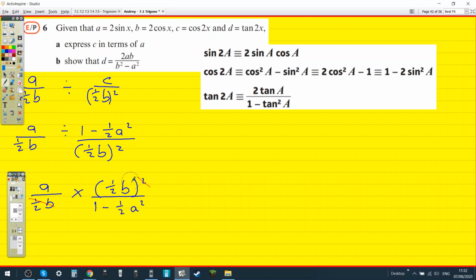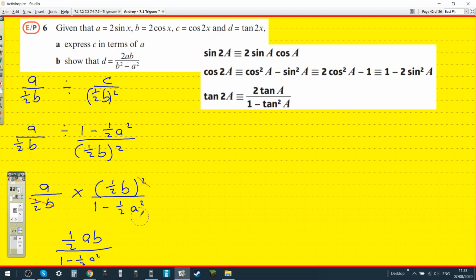So if we did keep change flip, we're going to get a half AB over 1 minus a half A squared. Did I flip them? Yeah. So that a half can go on the bottom. So like AB over like 1 over 2. So 2, 1 minus a half A squared.